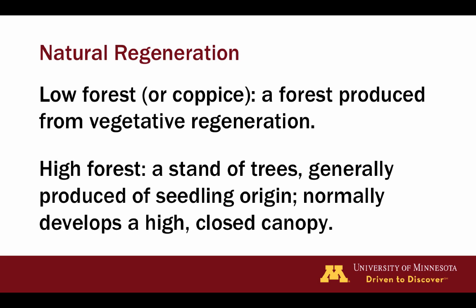Again, I introduced this term of coppice previously when we were talking about a clearcut. So a low forest produced from vegetative regeneration, so asexual methods for regeneration, or a high forest producing seedlings from sexual nature, so producing seedlings from seed.